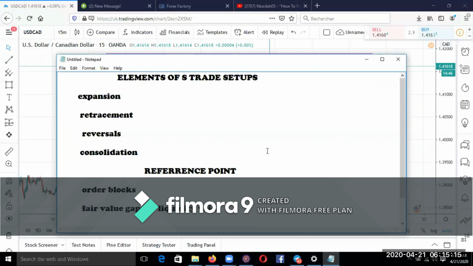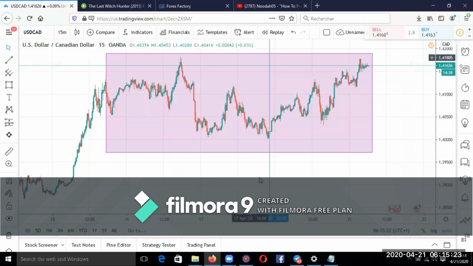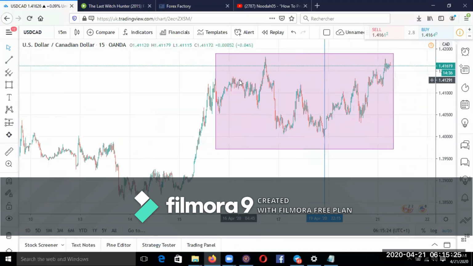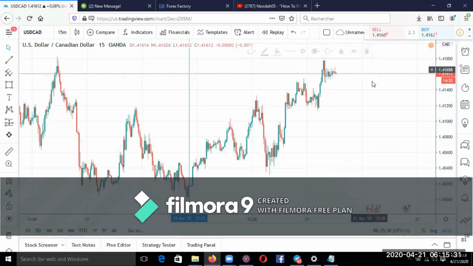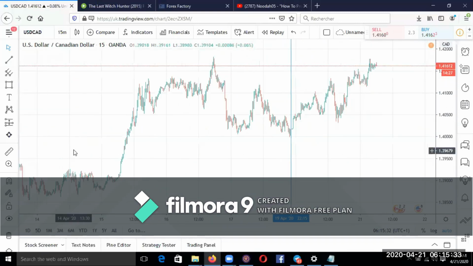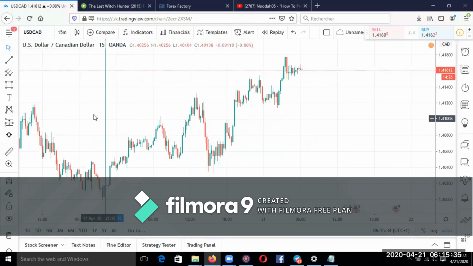Now you see I've already spoken about the four elements. Still on just this consolidation area I was talking about, right? And most of the time the market always does this.